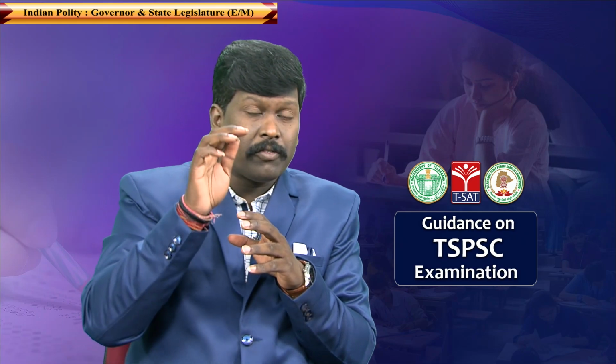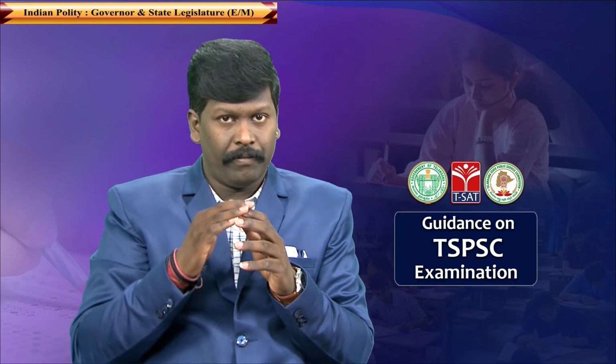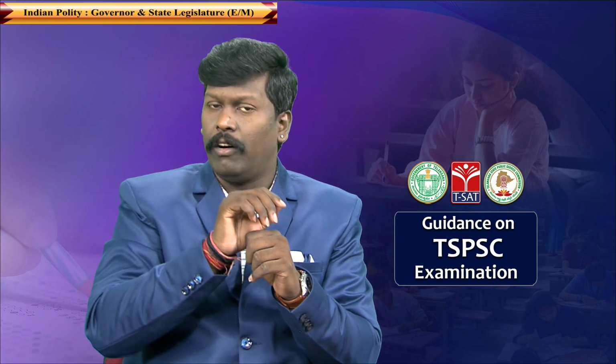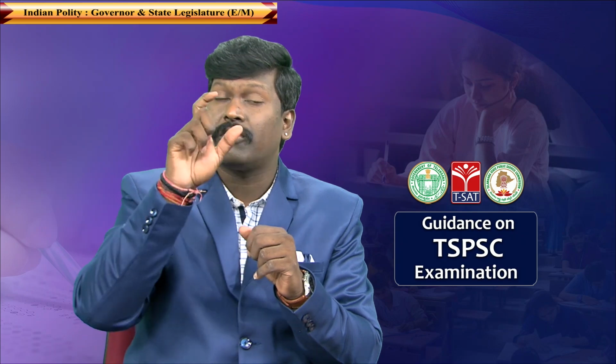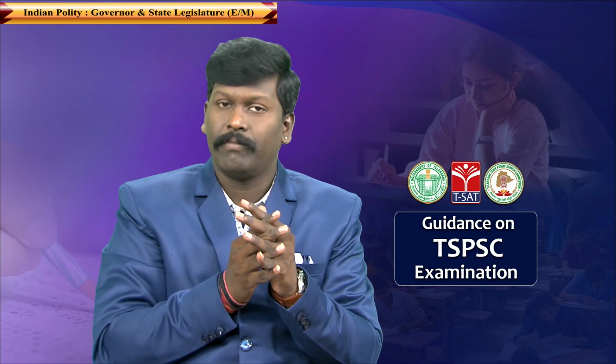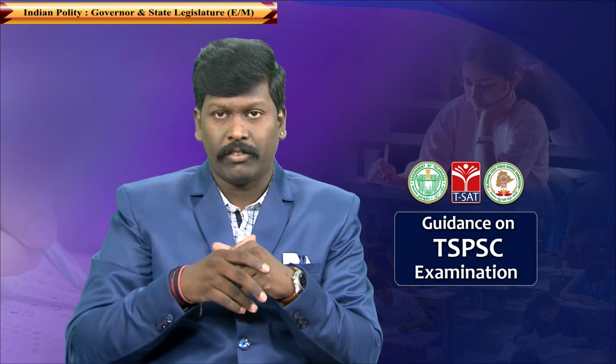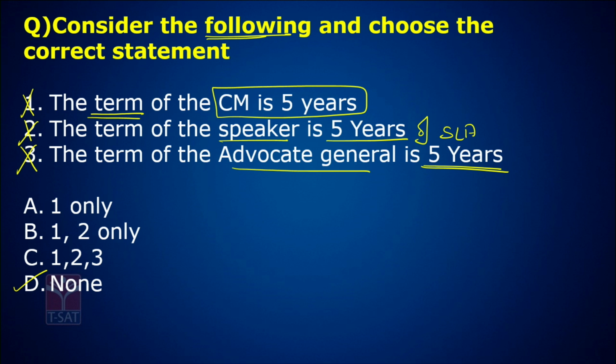One day before the first meeting of the assembly is the term of the speaker. So this is also wrong. Now look at the third statement. The term of the advocate general is 5 years. Absolutely wrong.